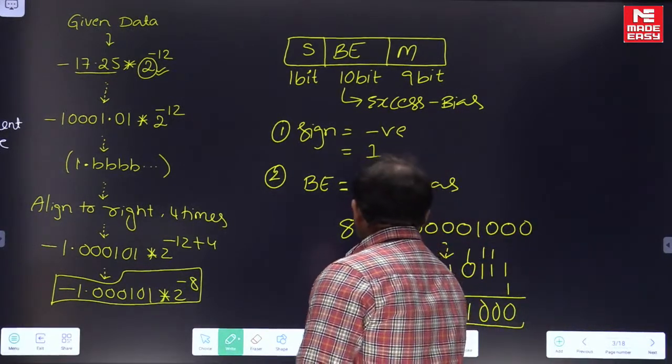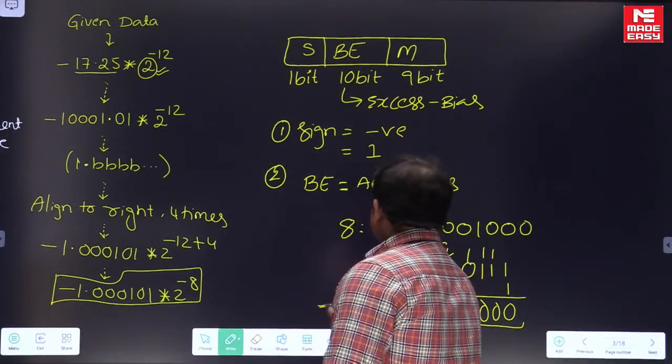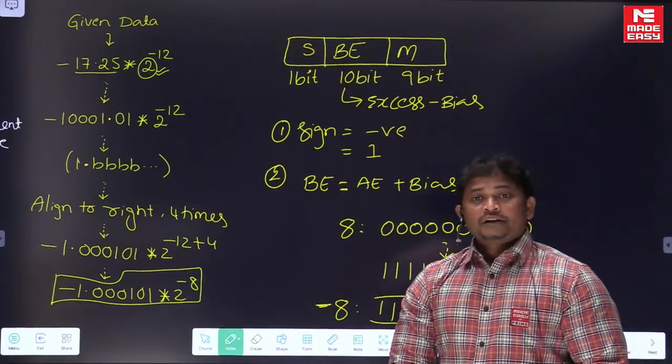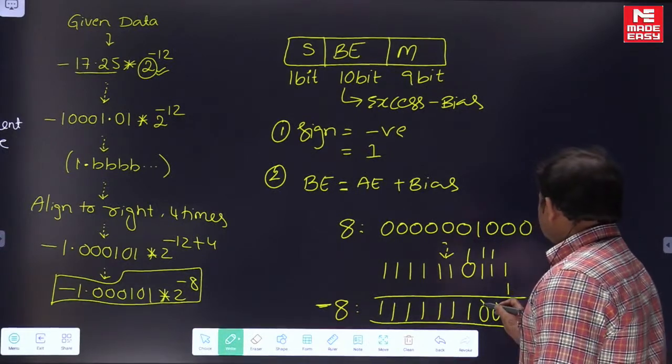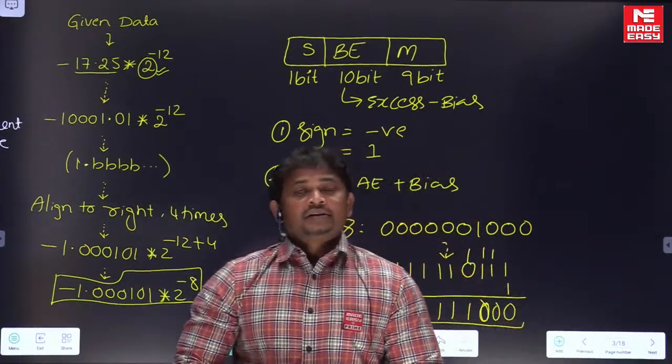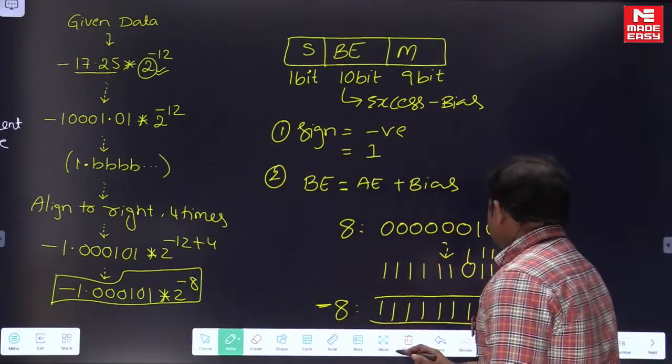This is minus 8. Okay, students? The 2's complement of data is the negative of the data.